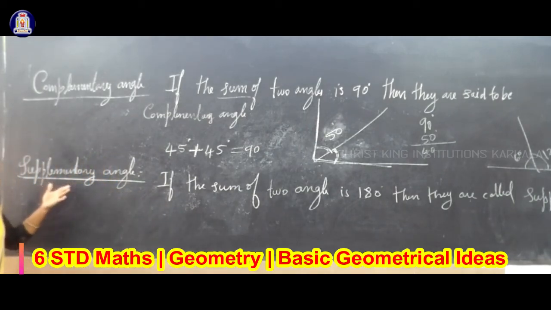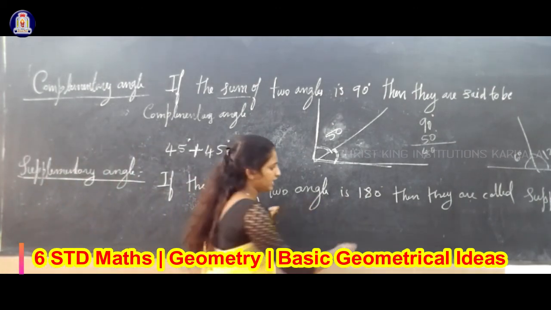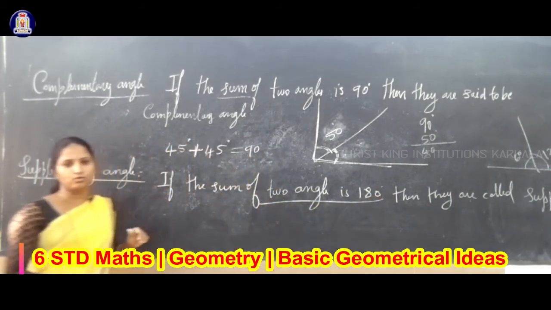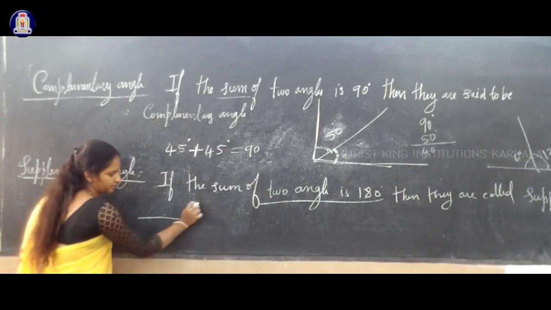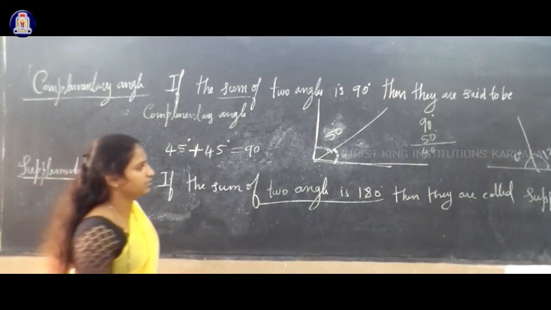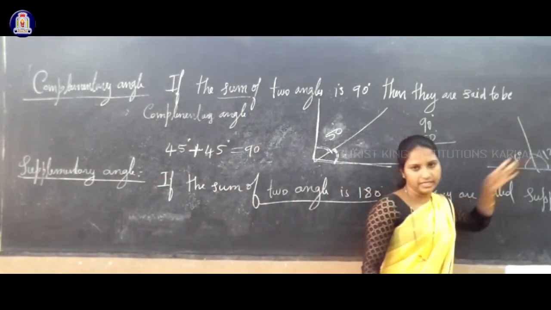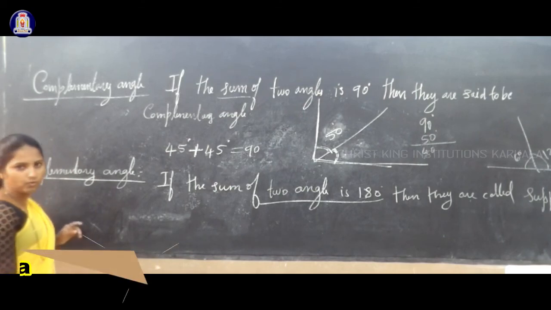Similarly we can see what a supplementary angle is. Supplementary angle means the sum of two angles is 180 degree. Sum means plus. For example, if I add two angles, here I wrote 60 and 120 degree. 60 plus 120 is exactly equal to 180 degree.